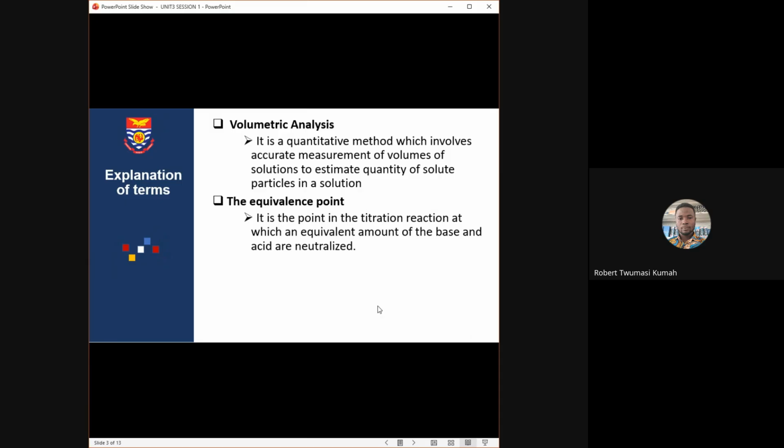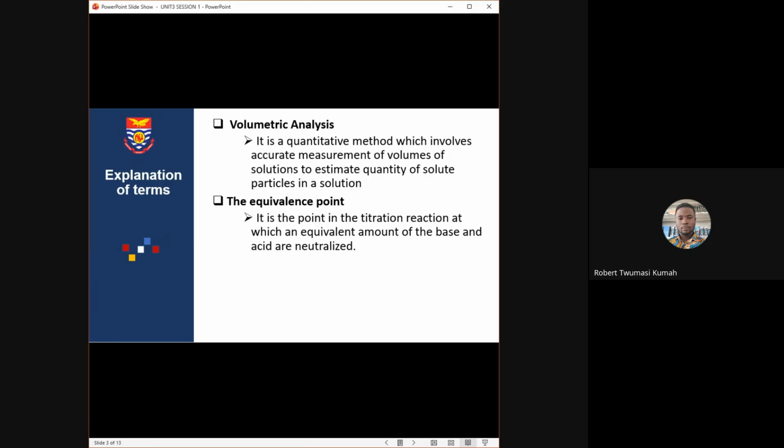Now, let's say that you have an equation or you have a reaction between, let's pick a very common reaction like sodium hydroxide and hydrochloric acid. So when you write that equation and you balance it, the balanced equation is happening at the equivalence point. So at that point, there is equivalent amount of the base and acid neutralized.